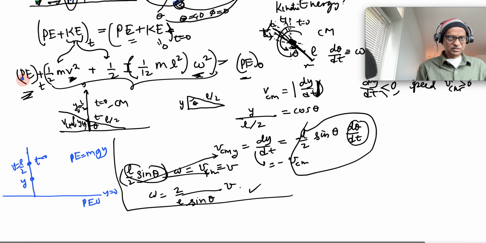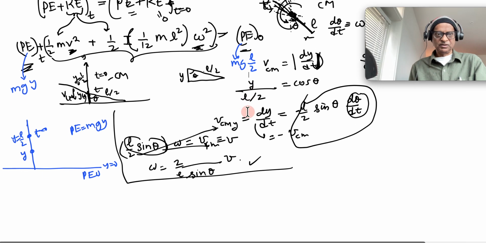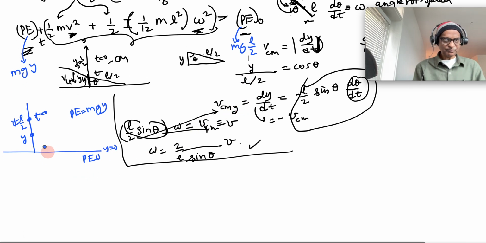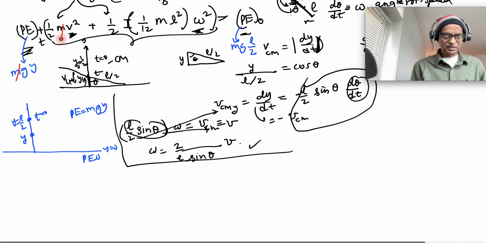So this thing just becomes mgy, and this thing just mg L over 2. I can see the m's got cancelled from here, here, here, here, so mass doesn't matter, and we can just ignore that.